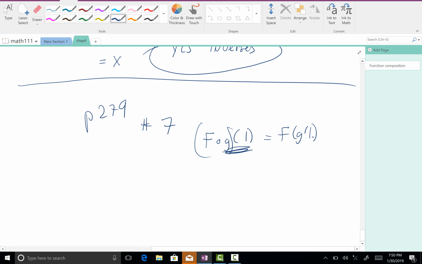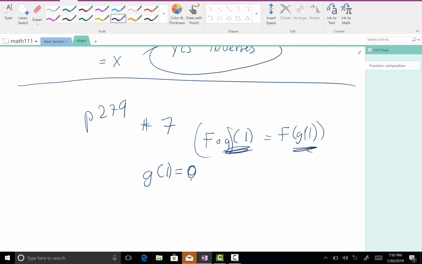Okay. So we're going to start with the g, and we got to go to 1. So I go on the table, I go to 1 on the table where it says x, and then I go down to g and see what it is. So what does it say g of 1 is, according to that table? 0. Okay, now that becomes my input into the f, right?